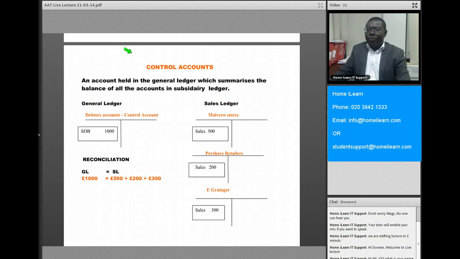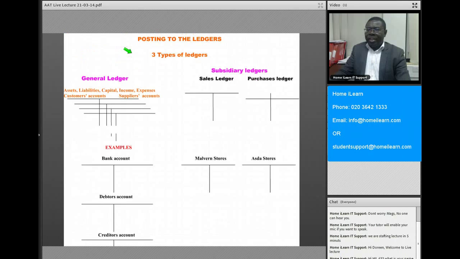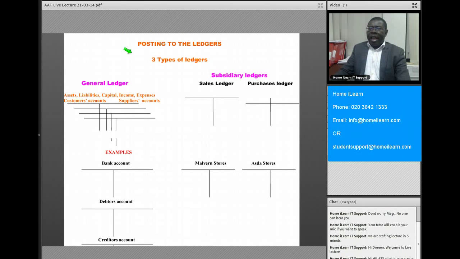If we go back to the previous page, a control account will be here. And these two ledgers are called subsidiary ledgers. It means they are smaller ledgers. This is a main ledger, and these are smaller ledgers, subsidiary ledgers.